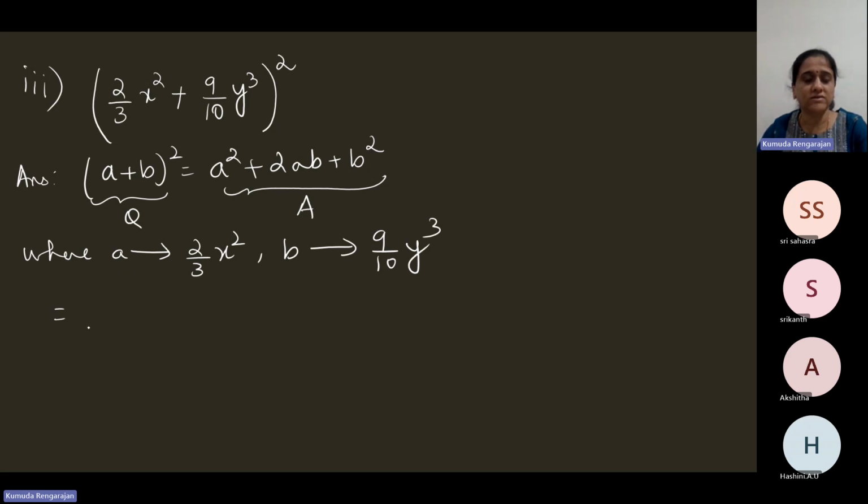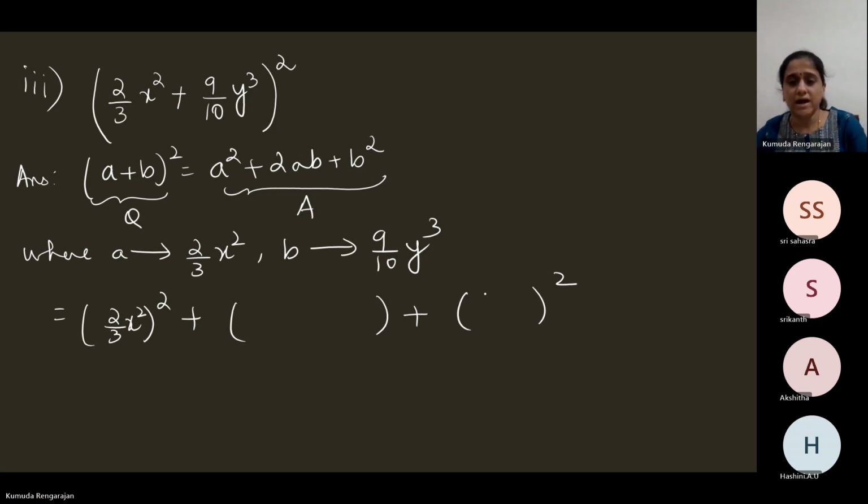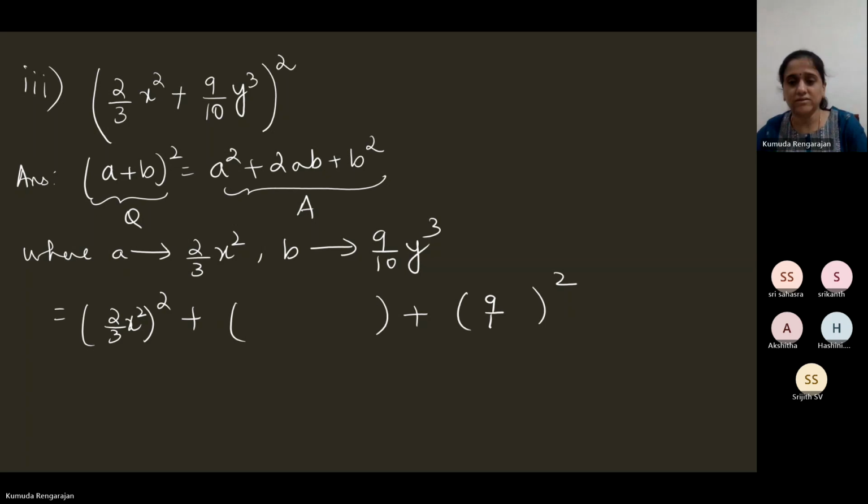So now the answer: a squared plus 2 into a into b plus b squared. So 2 by 3, this is a squared. a we have to write here. This is a, and this is b. And here 2 into a into b.